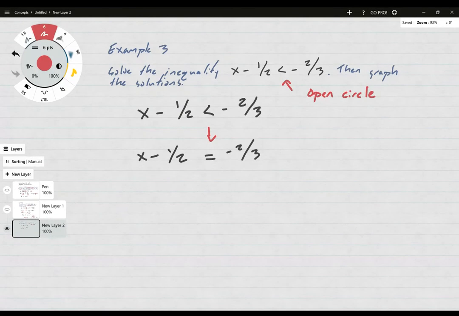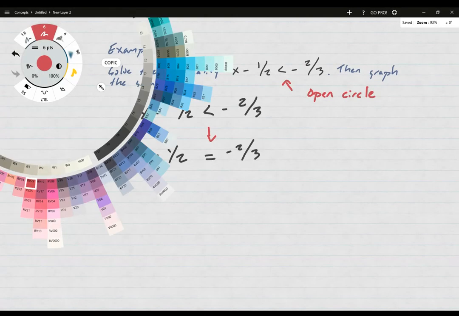Halves and thirds have a common multiple of 6. So I'm going to have to multiply my 1/2 by 3 and my -2/3 by 2.